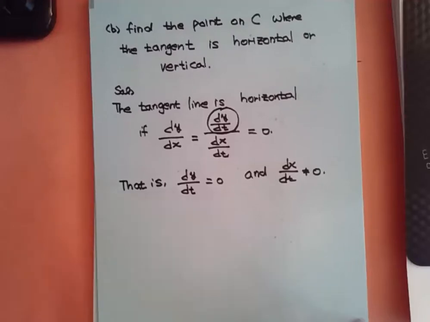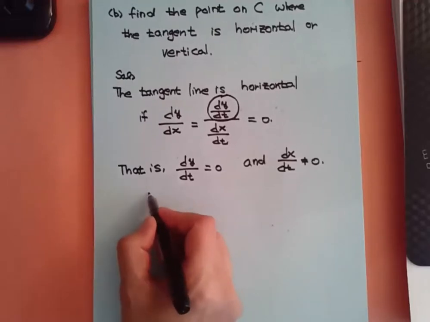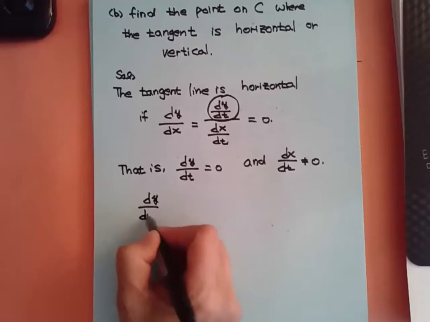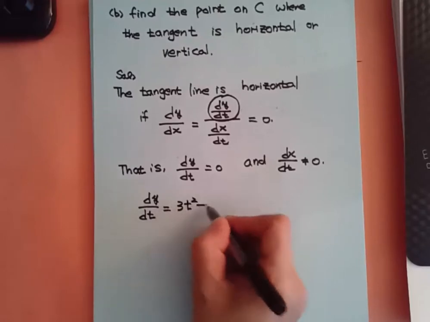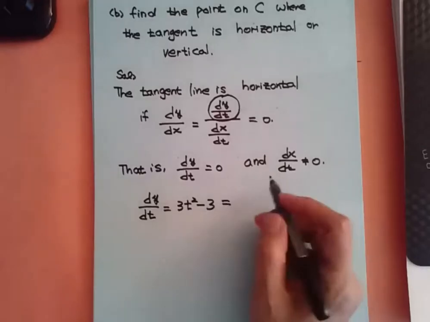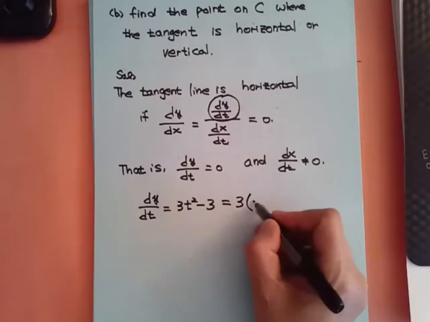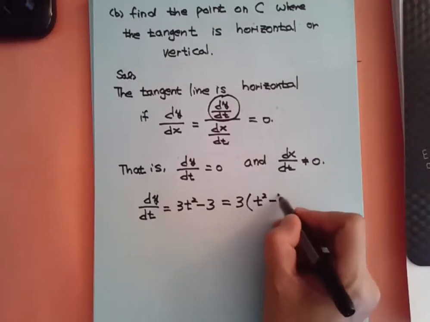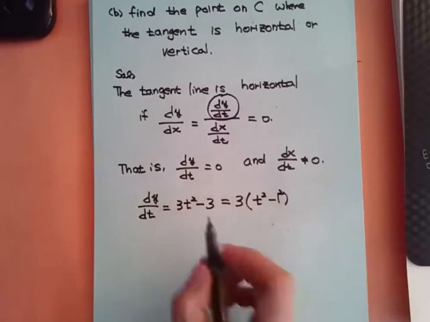What we calculated about dy over dt was dy over dt equals 3t squared minus 3. So we pull out 3, and then 3 open parentheses t squared minus 1. So this is 1 squared.